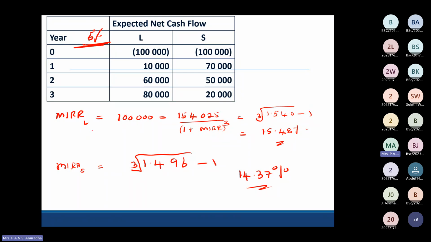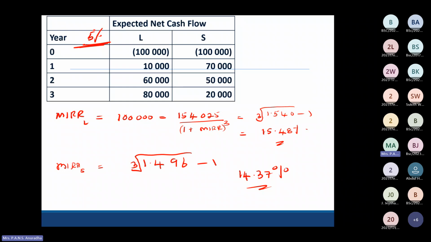Now, according to this MIRR, what is the recommended project? L or S? This is 15.48. This is 14.37. Both projects have MIRR greater than the cost of capital. Both are okay, because the cost of capital is 5%, no? So both projects have higher MIRRs than the cost of capital. So both can be accepted, but these are mutually exclusive.